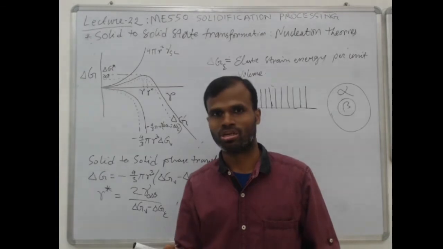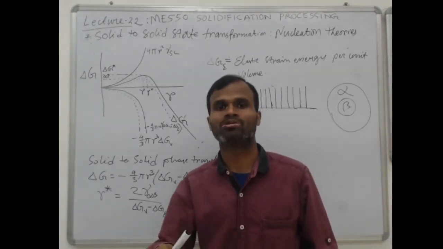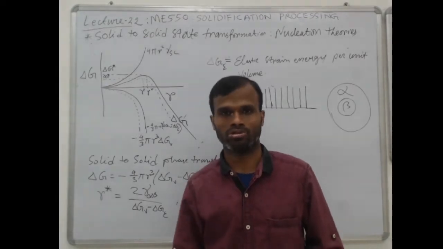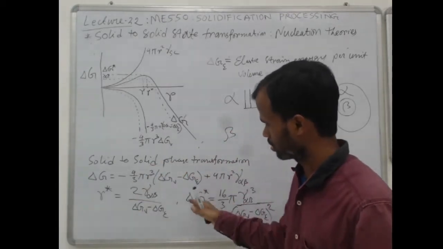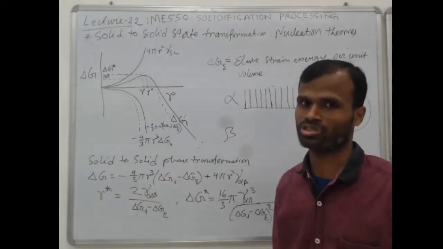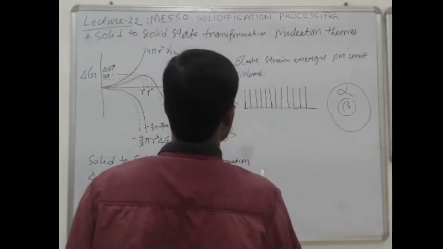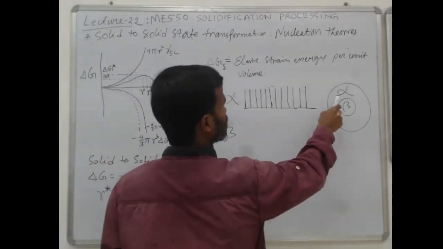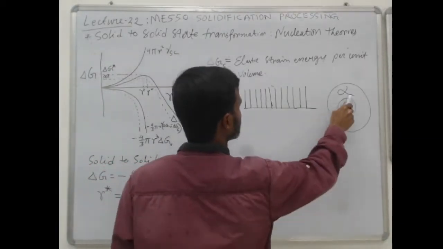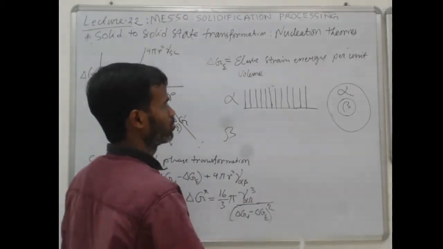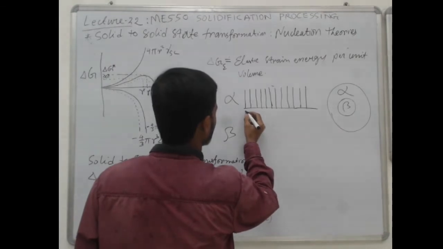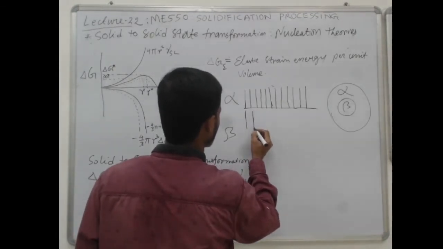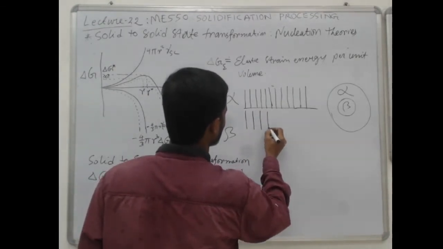Actually, in materials we often encounter different shapes of inclusions, different shapes of different phases. Those are mainly governed by this energy balance. So anyway, suppose you have the beta phase inside the alpha phase, so there will be a boundary between these two phases. Now, if you consider this boundary between alpha and beta, there will be variation in lattice parameter.